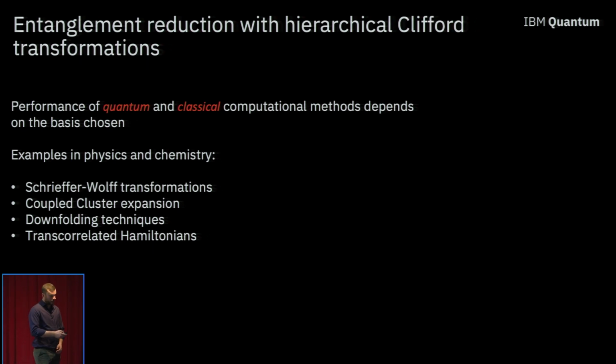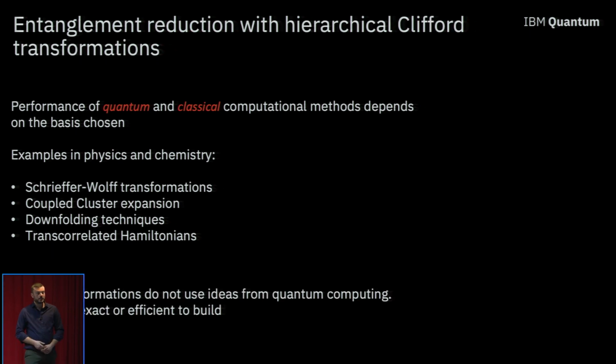For example, we have Schrieffer-Wolff transformations, coupled cluster expansions, or the transcorrelated Hamiltonian. So these are all classical methods that try to express the problem in a basis such that the computations are more easily done, right? But then the question that we have asked ourselves recently is what happens if we start to use tools from quantum computation to do this exact task, right?